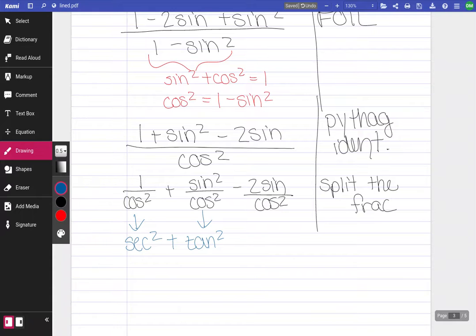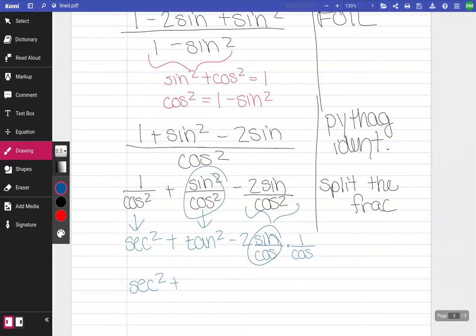And this one looks ugly, and I'm going to split it so you can really see it. Minus 2. And then it's sine over cosine times 1 over cosine. Now, you'll notice that the sine over cosine looks very similar to this. And, well, that one was squared, so it became tangent squared.